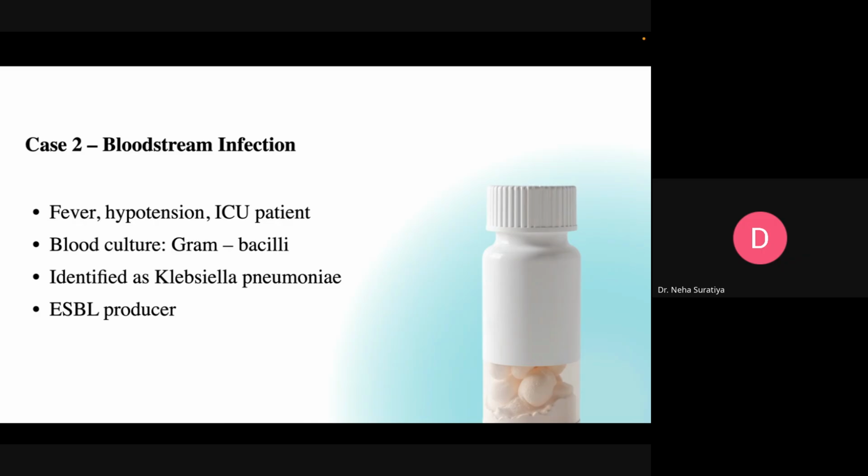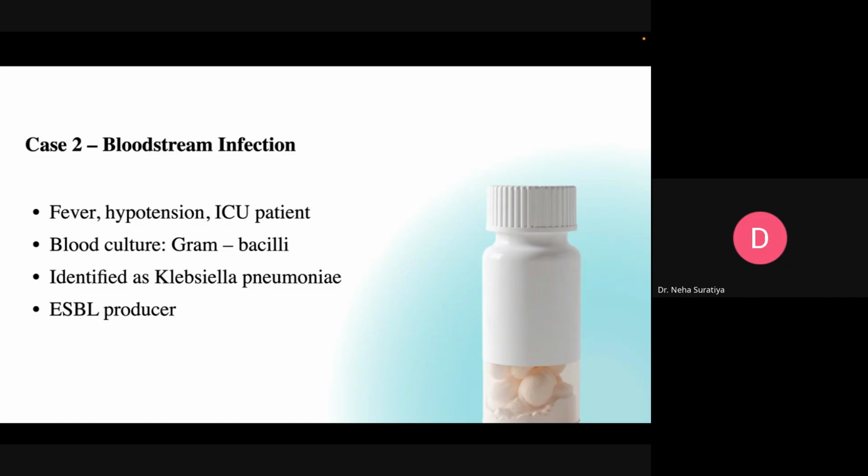What do you mean by ESBL? ESBL is extended spectrum beta lactamase. Now, when I say lactamase, that means it is an enzyme. When I say producer, that means this Klebsiella pneumoniae has the capacity to produce one enzyme, extended spectrum beta lactamase, which makes them highly resistant to all types of beta lactams.